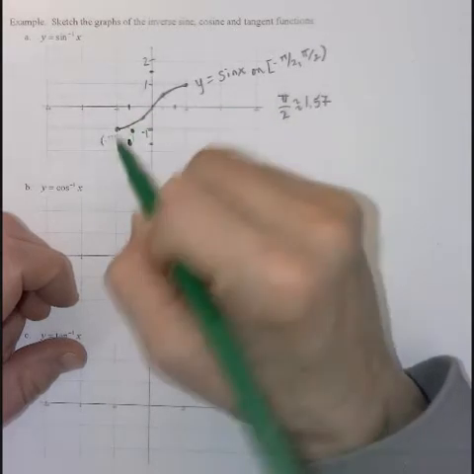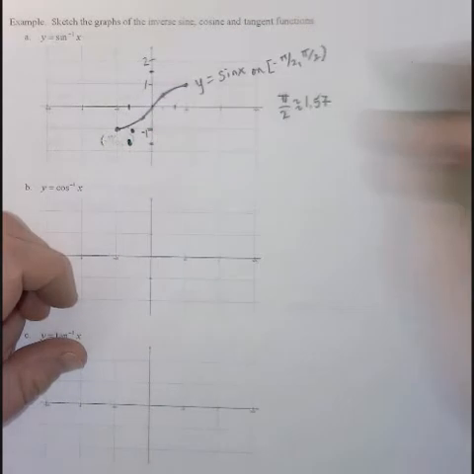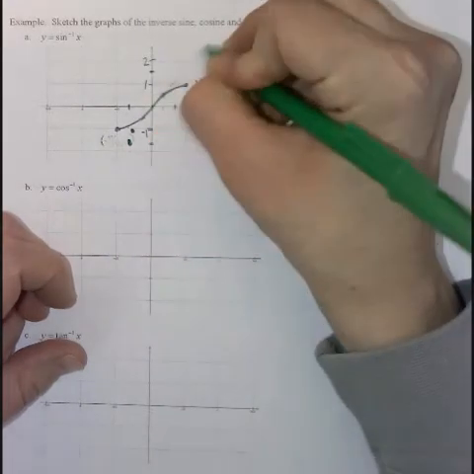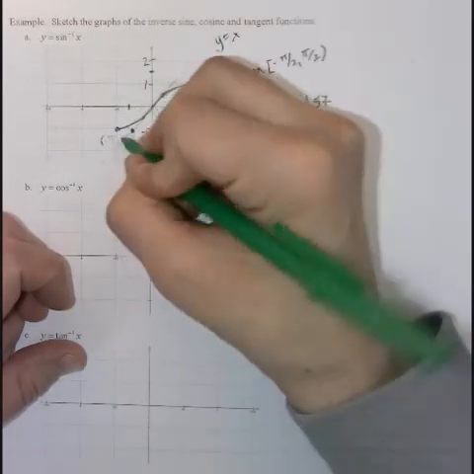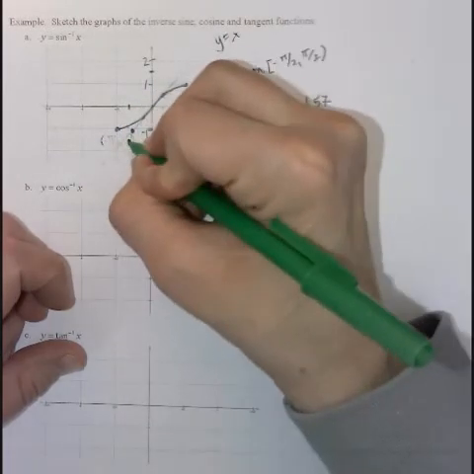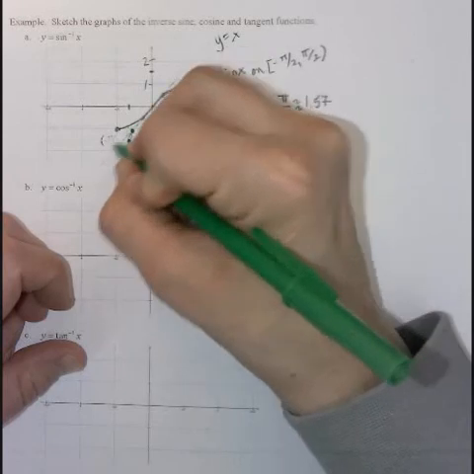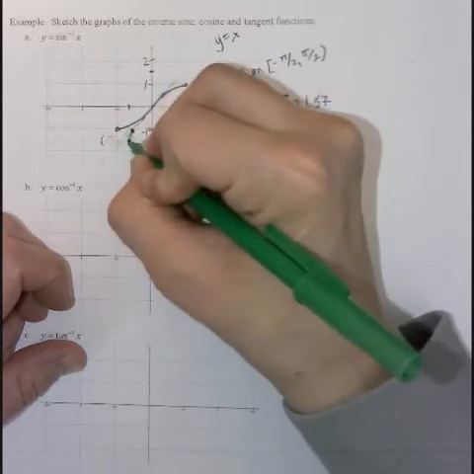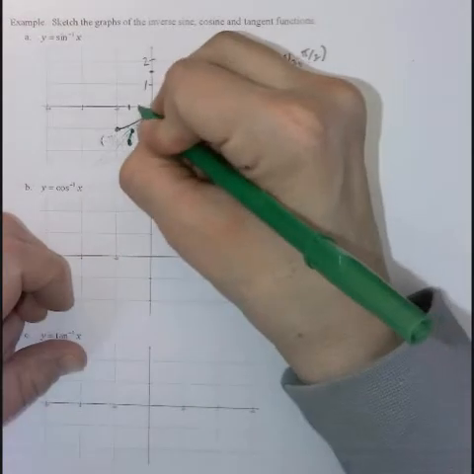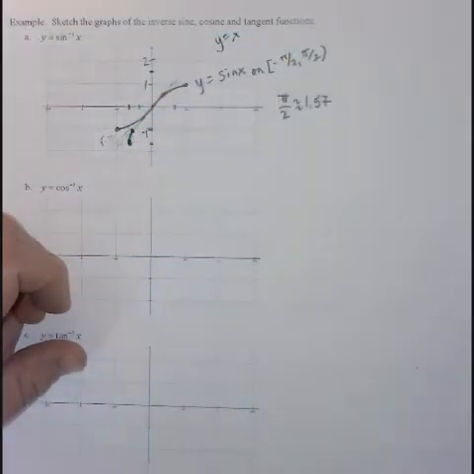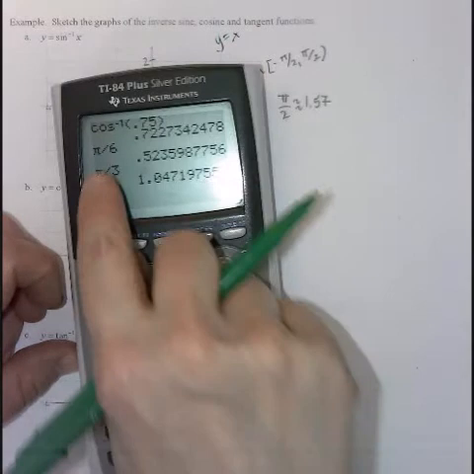So recall that a function and its inverse are reflections through y equals x. So this part here is reflecting across over here. And if we do pi over 6, we get 1/2. Pi over 6 is about 0.52.